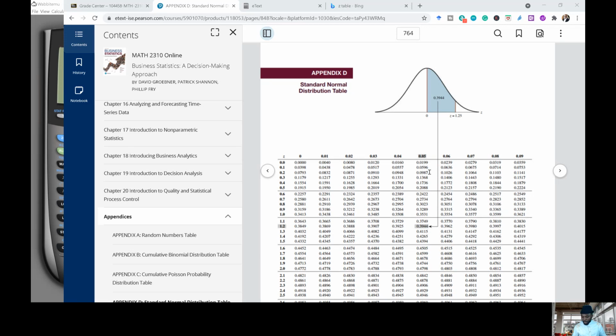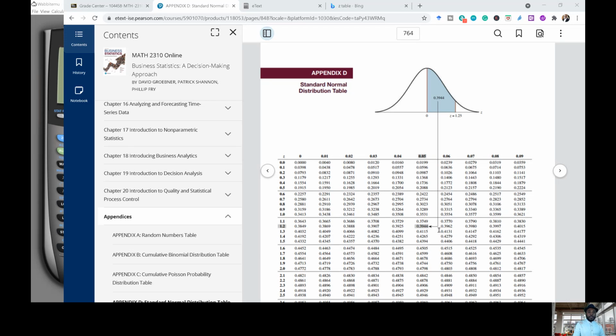So I would write this down: 0.0987, and what you're going to do is subtract this from 0.3944, and that's how we are going to solve the problem. Okay. All right. Sounds good. So that's how to go about it.